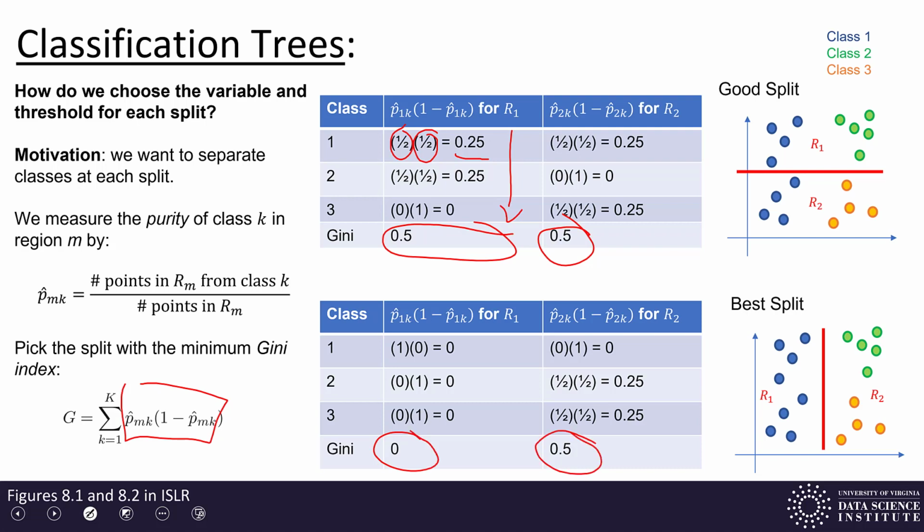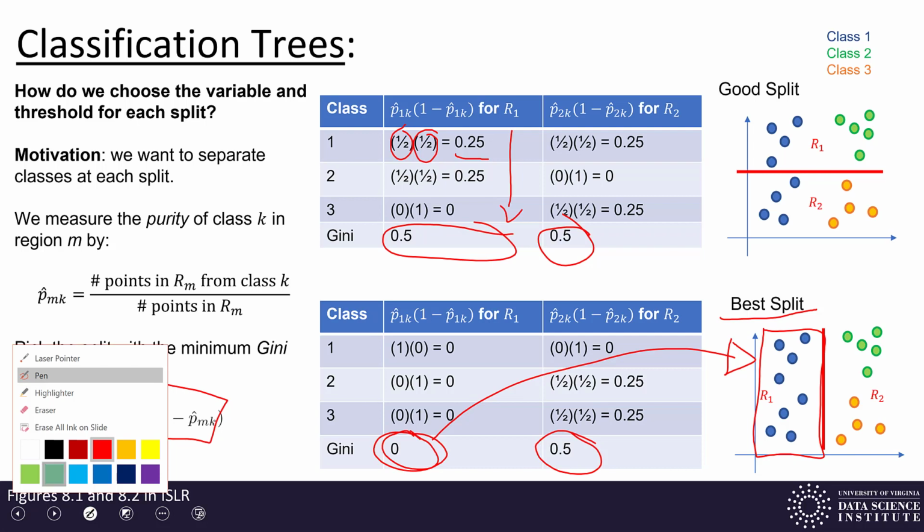And here's the Gini index for region 1 and the Gini index for region 2 for our best split. And you see the advantage here, this 0 in the Gini index comes because this region is made entirely of just one class, and the Gini index measures how close we are to getting to that type of state.